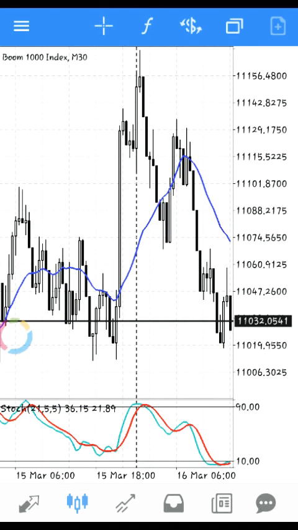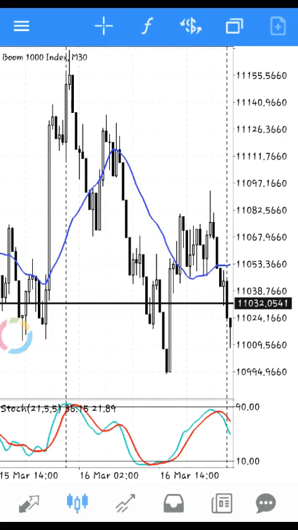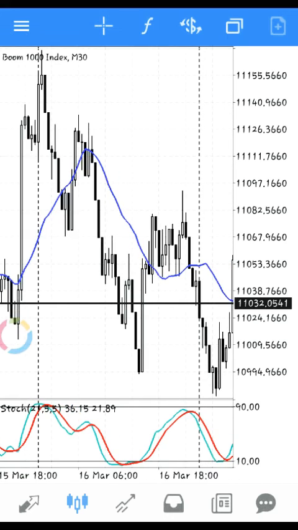By the time it gets there, chances are we're really in overbought territory. I just have it there as a point where I could expect something. I might not take a trade, and I will never take a trade just because it's in oversold or overbought territory.